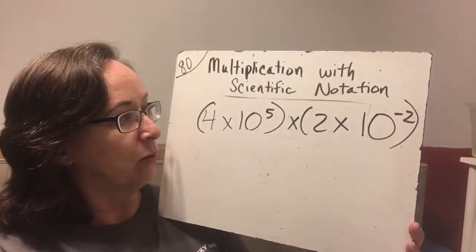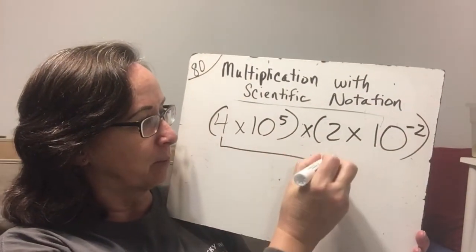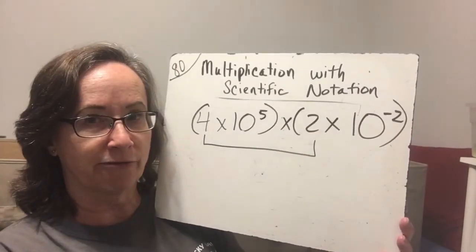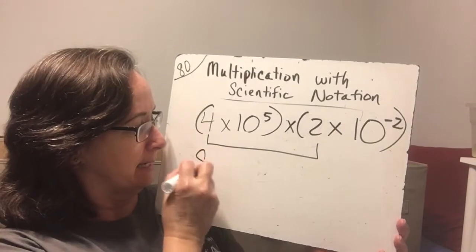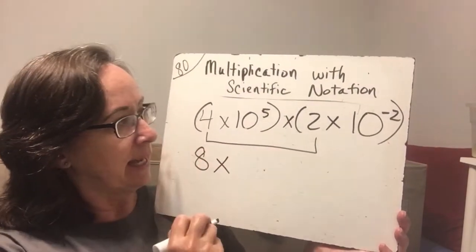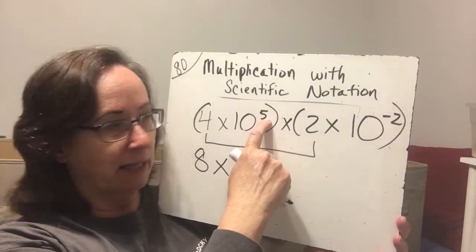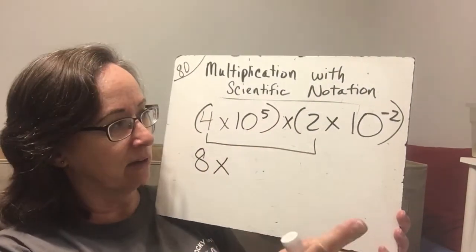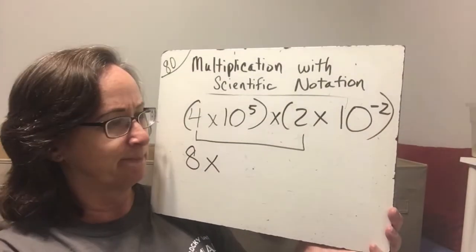Okay, so as our instructions say, we're going to multiply the two numbers on the front, and we're going to have 4 times 2 is 8 times, now 10 to the 5th is going to have 5 zeros added on, but 10 to the negative 2.